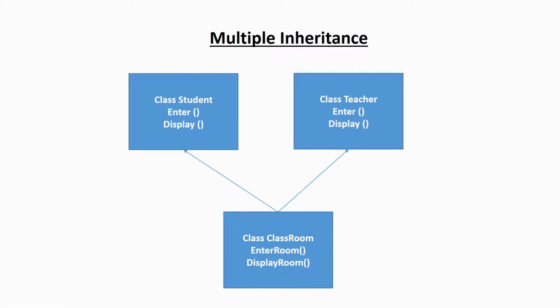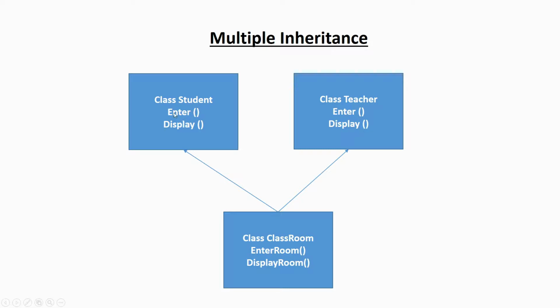The answer is that Python internally implements an algorithm called the MRO algorithm, the method resolution order algorithm. It works like this: if you create an object A of classroom and try to evoke a dot enter, it is going to check the left hand side first. If it finds a function enter on the left hand side, it will evoke that function.